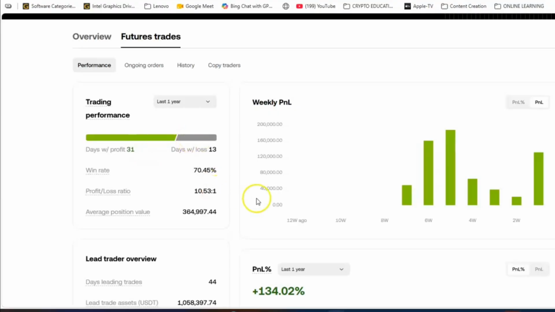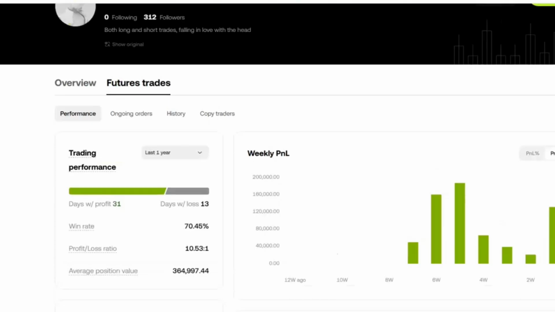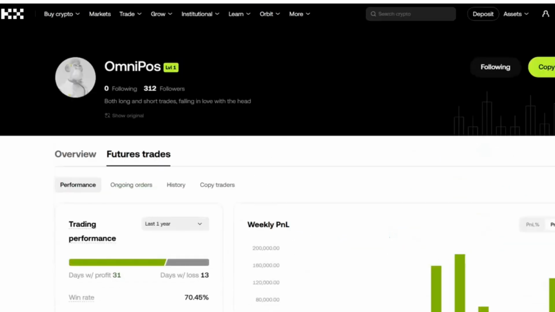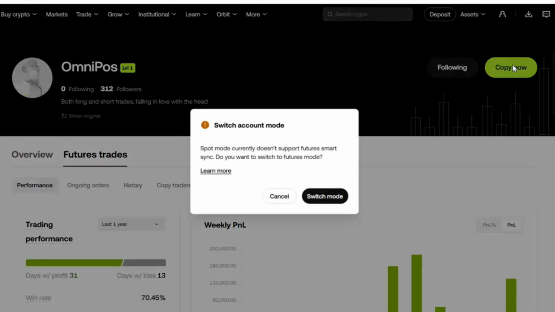So the win rate is much higher than the rate of losses that he's been making, right? We can check on the average position value. You check this, right? Profit loss ratio. This is what we got. So the figure that goes with the profits that he's been making is much bigger than the figure for the losses here, right? So we can go ahead and copy whatever he's been doing.